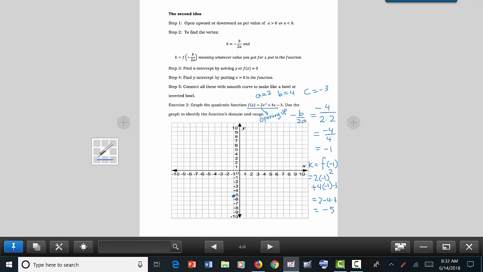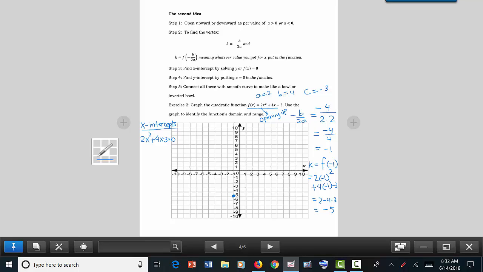So let's find the x-intercepts. 2x squared plus 4x minus 3 equals 0. Can we factorize? Product is negative 6, sum is 4. It seems we cannot factorize. So for that reason, let's use the quadratic formula.